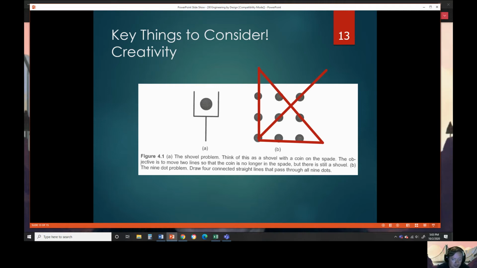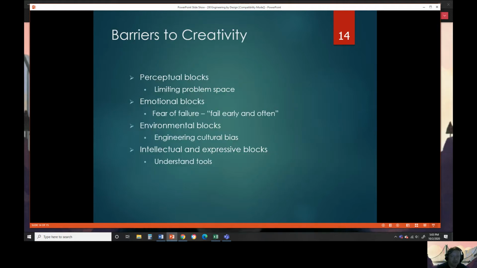Now, what a lot of you were probably doing, if you weren't able to get it right away, is confining yourself into this square. I never said to stay within the square, but what we do is we mentally block ourselves. And this gets into our barriers for being creative when we're trying to come up with solutions to problems.